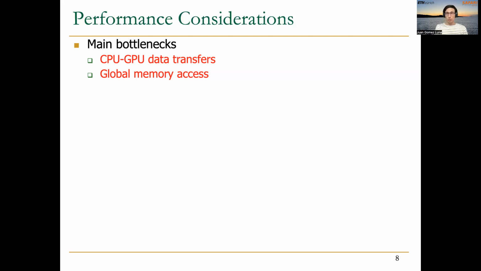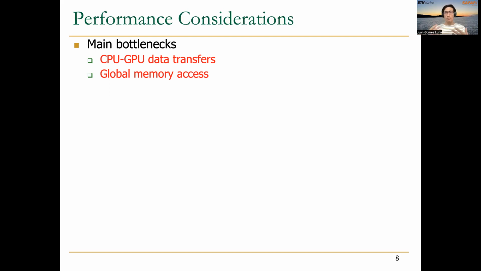This happens especially in systems with discrete GPUs, because we need to move the data over this bus, regardless of whether it's PCI Express or something faster like NVLink. It's very likely that we will have a bottleneck there that we should avoid by amortizing this data movement with computation on the GPU side. And then the second one is the access to global memory.